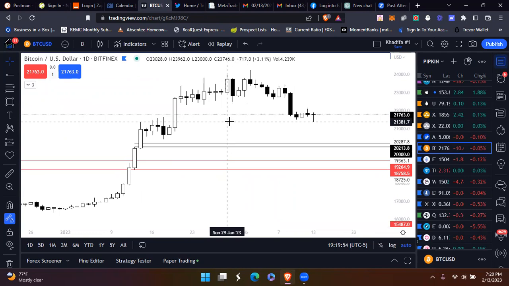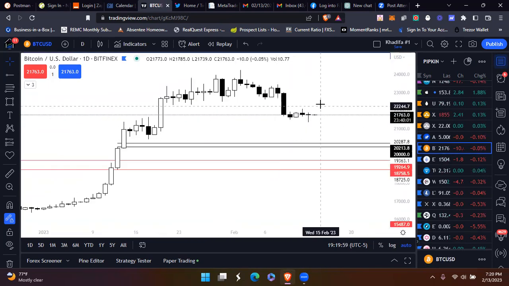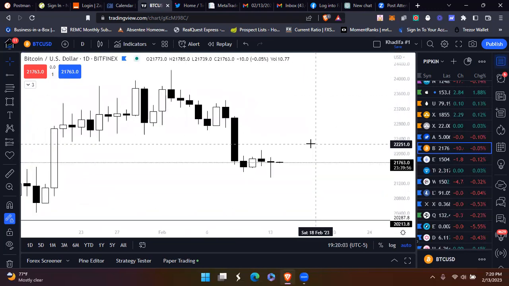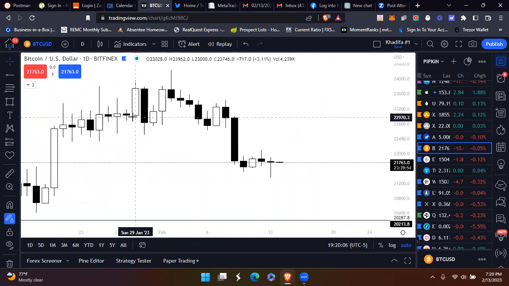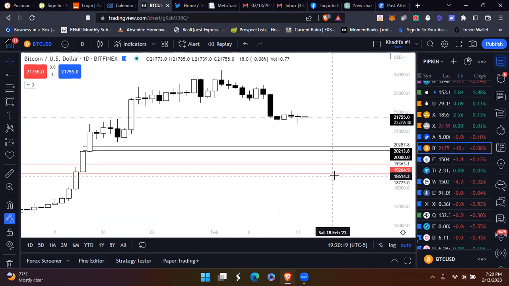So now I want to see some aggressive movement to the upside if we can break back above this market structure, or if we're going to respect this market structure and come on down to retest the fair value gap to the downside below this market structure. That's pretty much it for Bitcoin. Same thing for Ethereum.